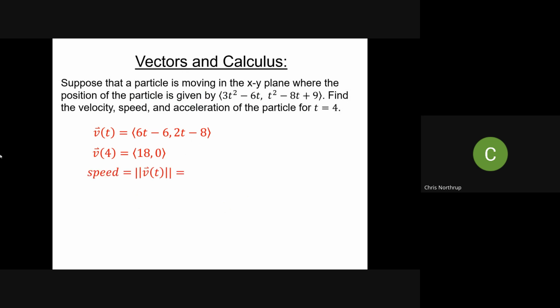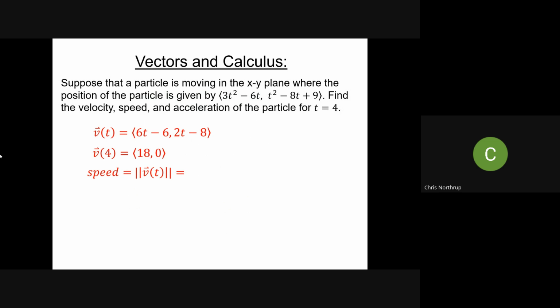So speed is magnitude of velocity, or absolute value. Absolute value and magnitude are really the same thing. It's just absolute value is typically a one-dimensional thing that we look at, and magnitude is a two-dimensional, or actually, for those of you taking higher level math classes, an n-dimensional thing that we measure.